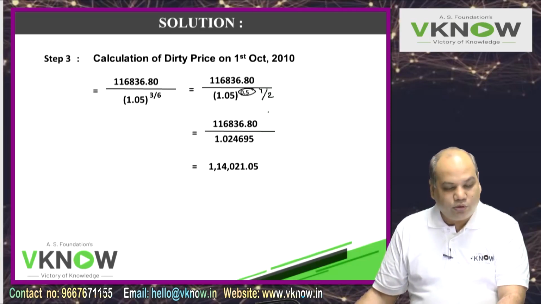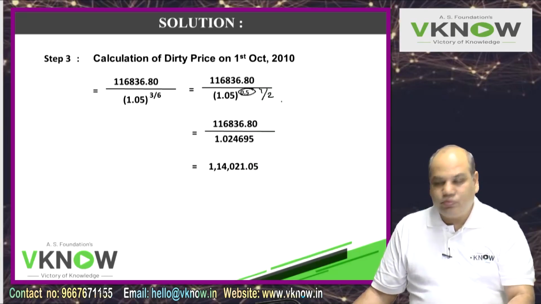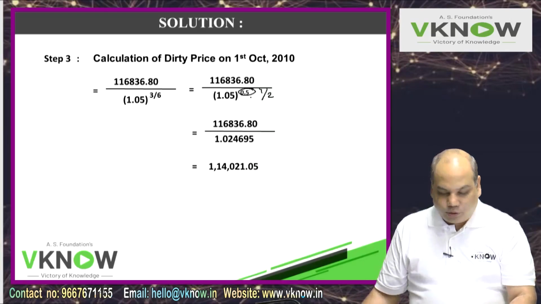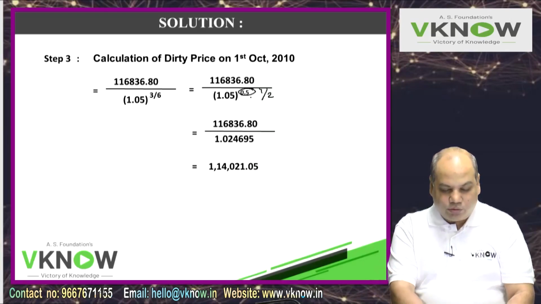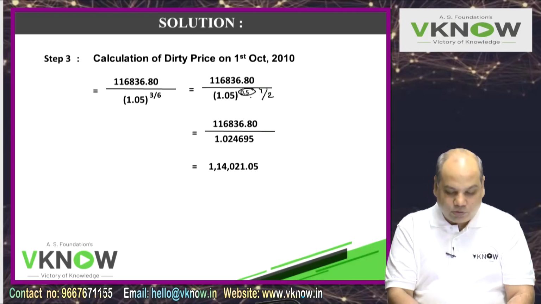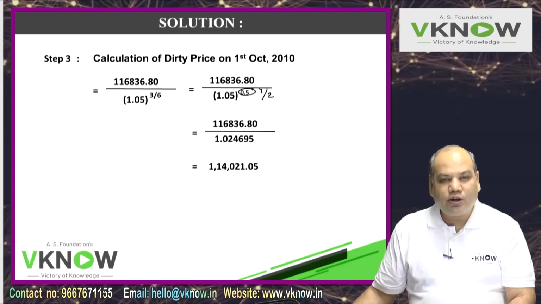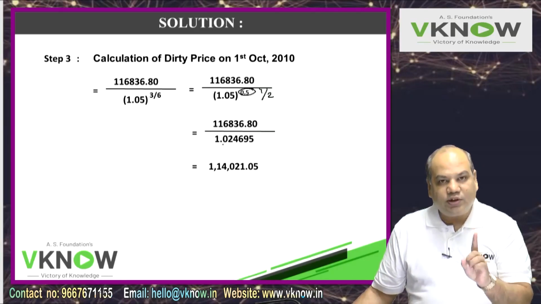Now today I am going to tell you a simple trick. If the power is 1 by 2 or 0.5, just take 1.05 and press square root once. Power 1 by 2 means we have to take the square root. So this will be on your calculator in just one step.